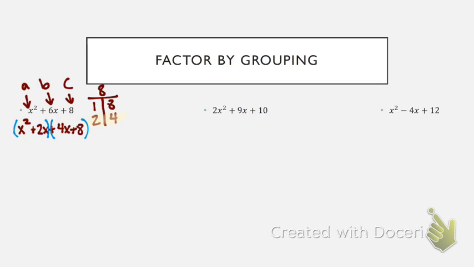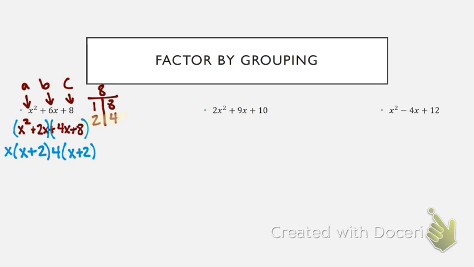They don't share a number, but they do both have an x. X squared divided by x is just x, and 2x divided by x is 2. Over here I have 4x plus 8. I can divide both of those numbers by 4. 4x divided by 4 is x, and 8 divided by 4 is 2.